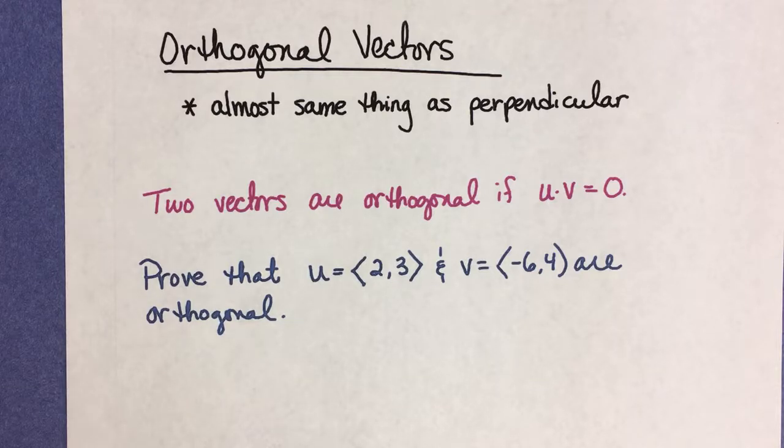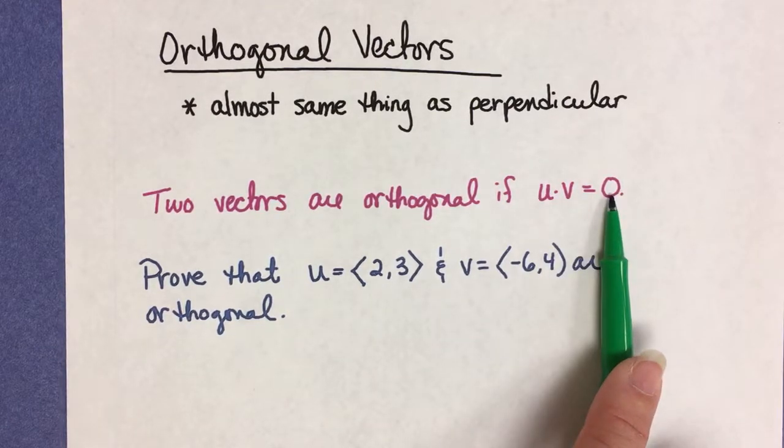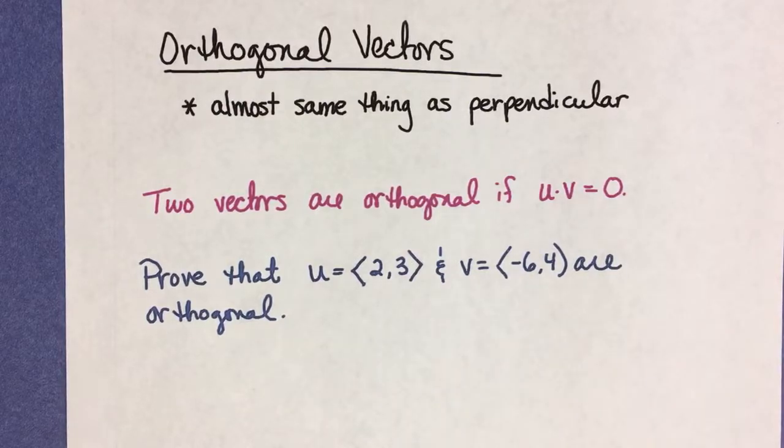So you're going to be asked to prove that two vectors are orthogonal. All that you have to do to prove that is take the dot product of your two vectors, and your dot product must be equal to 0. And then that proves it.